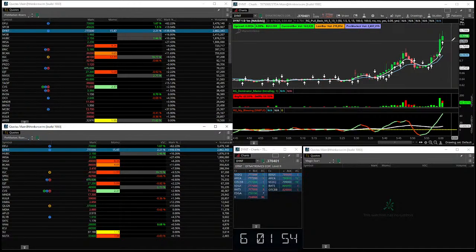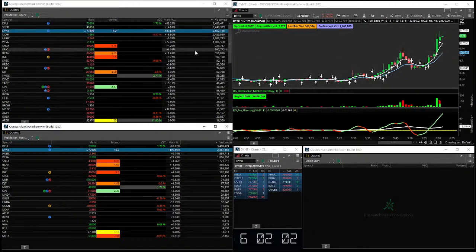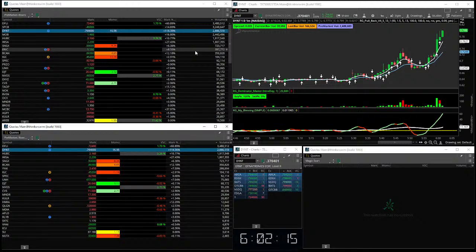Tall wicks on the top are not a good sign. These are sellers driving the price back down. Continuing to go up.